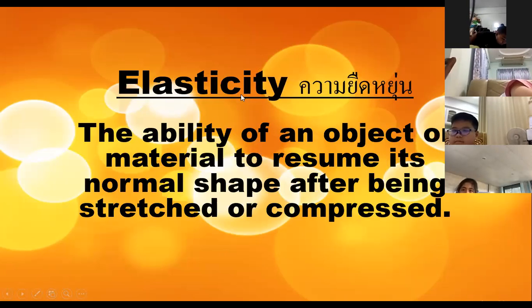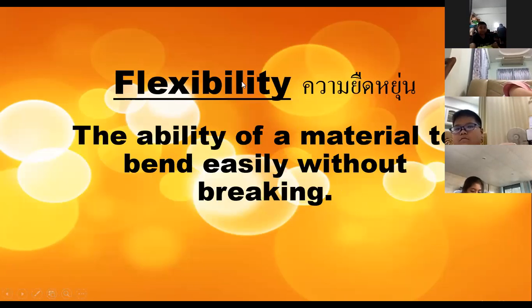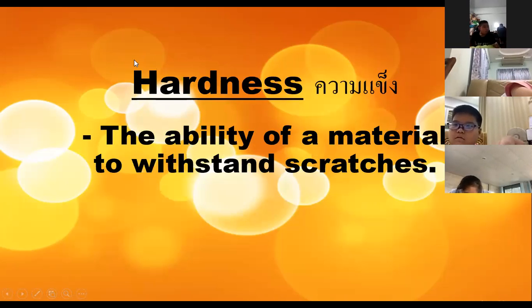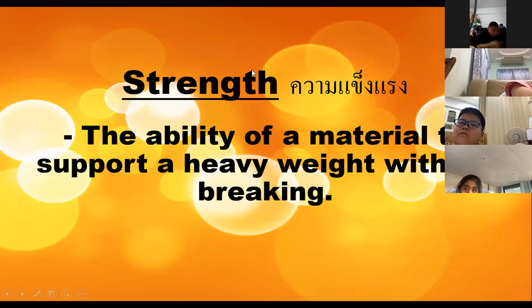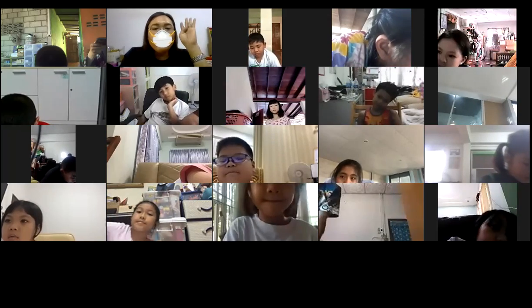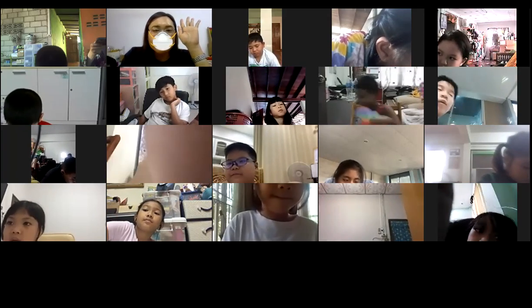Next, elasticity, elasticity. This one, flexibility. Okay, next, this one, hardness. This one, strength. Okay, now, who wants to say the 4 different properties of material?